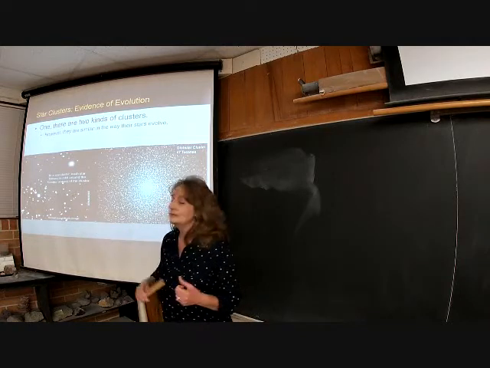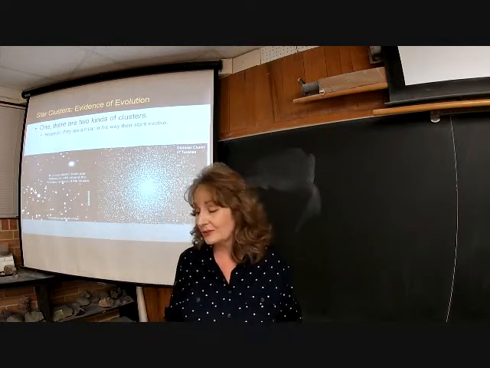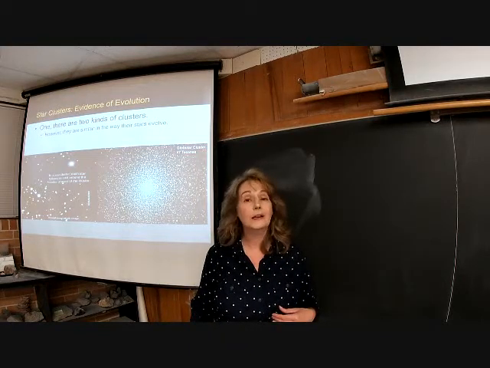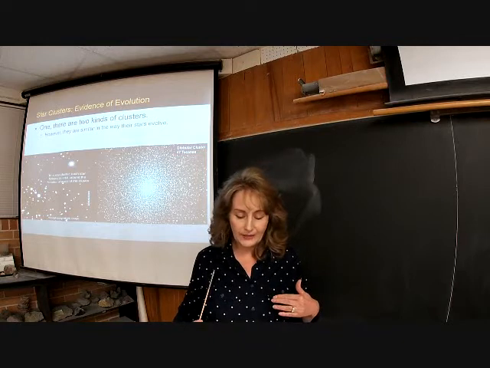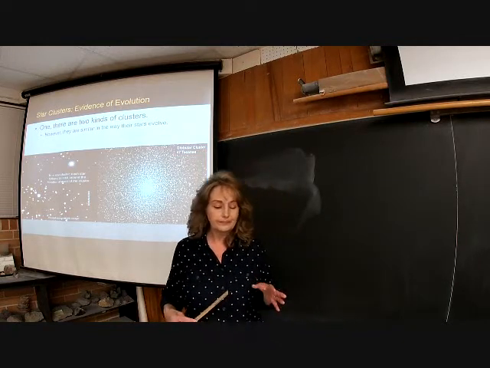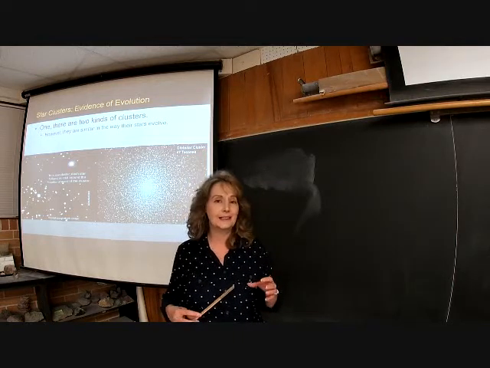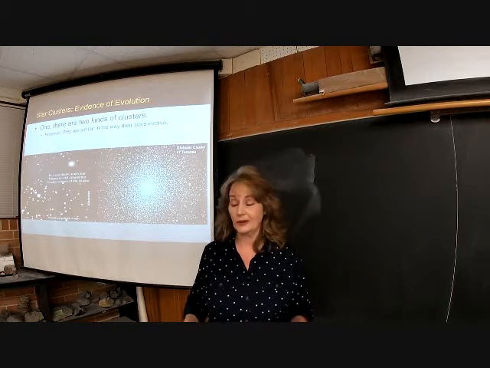Typically these stars are quite young in an open cluster. I know we haven't gotten to our galaxy information, but these would be more in the disk region of a galaxy. You would find an open star cluster there.